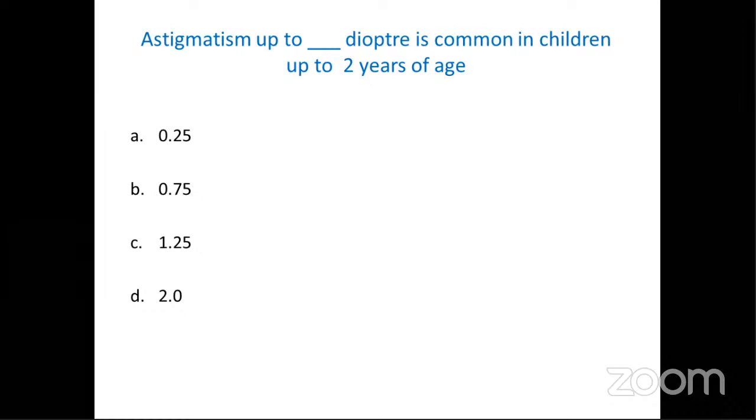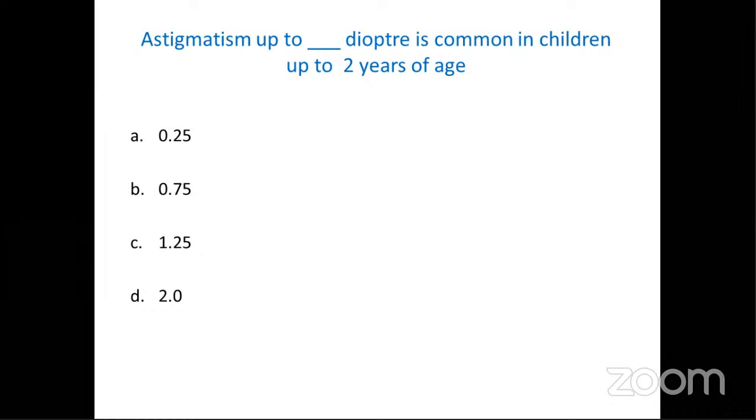Up to how much astigmatism is common in children? What the question wants to tell you is, up to how much astigmatism do the children have that will not cause amblyopia. The question is like that.